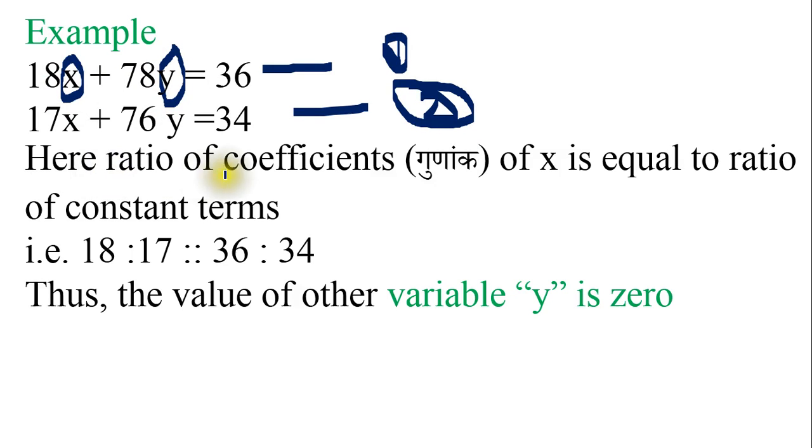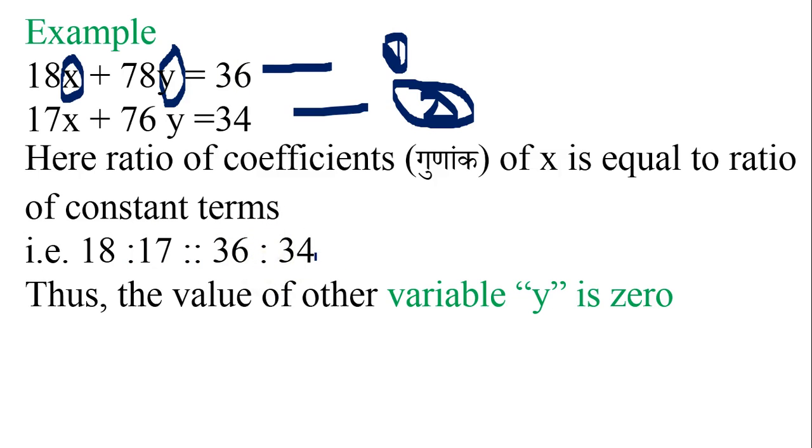Here the ratio of coefficients of x is equal to the ratio of constant terms, that is 18 ratio 17, and once again here 16 ratio 36 ratio 34.